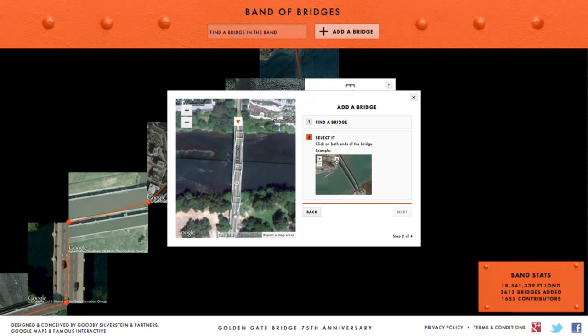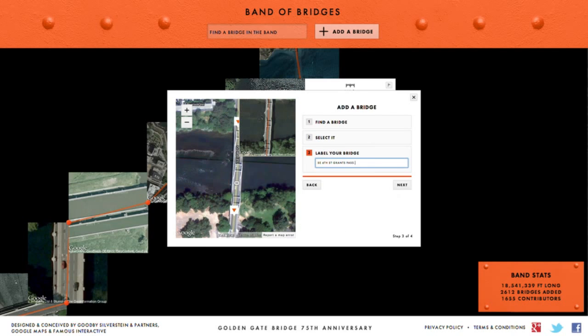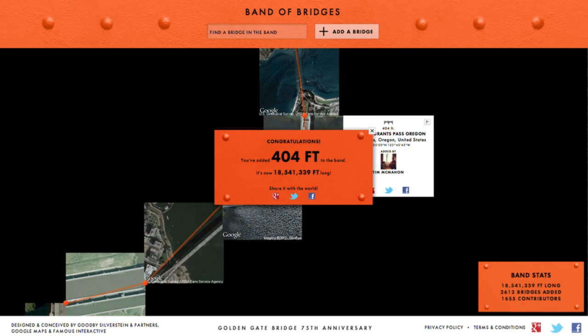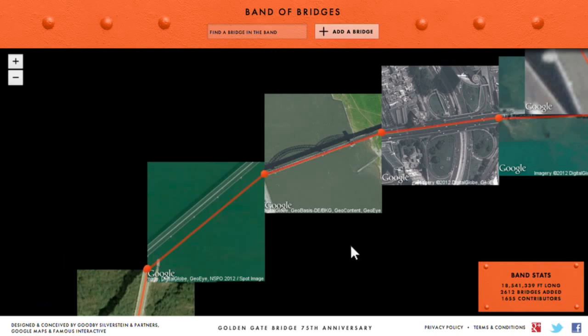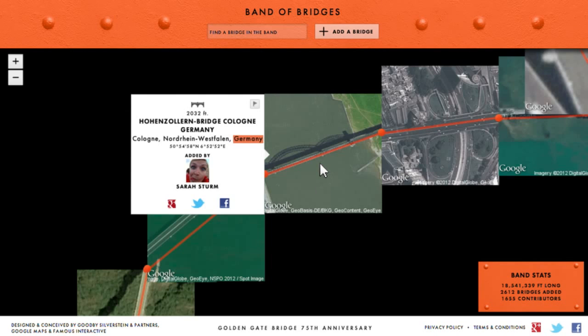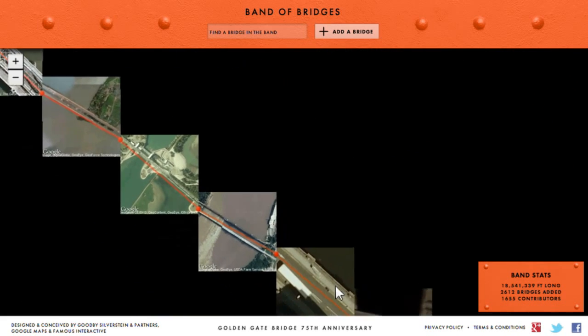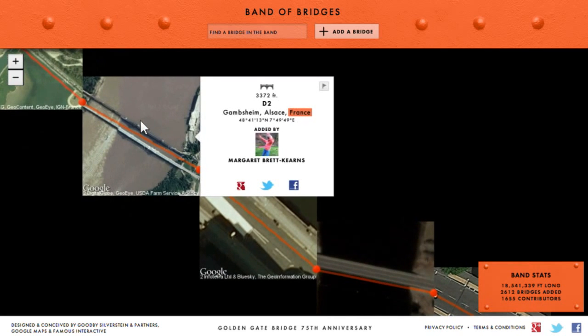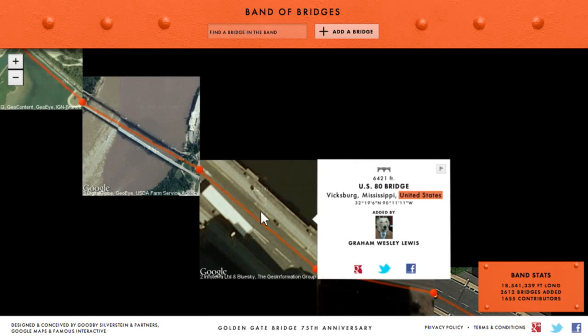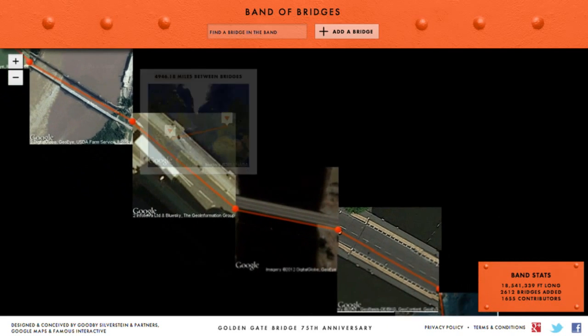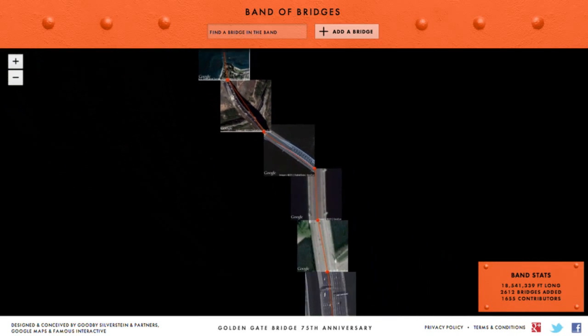Okay, so Goodby, if you guys can tell us what we're seeing here. It should be the bank bridges walkthrough, and this is basically just the user flow. You see that sort of snake of bridges, and how you added a bridge using Google Maps.